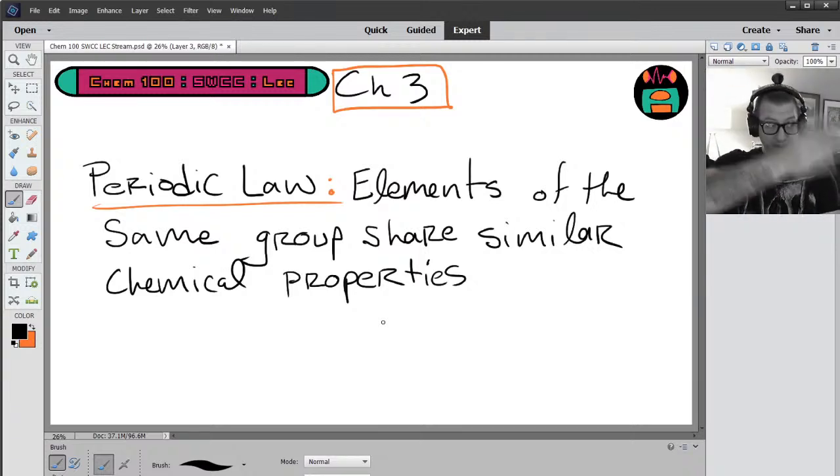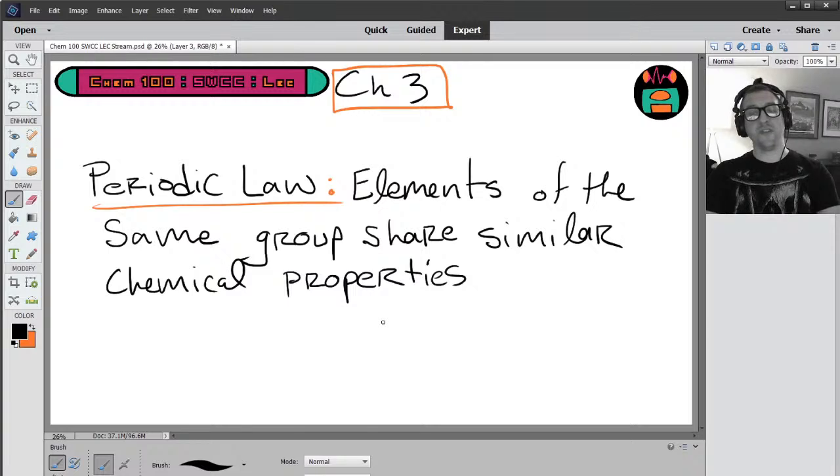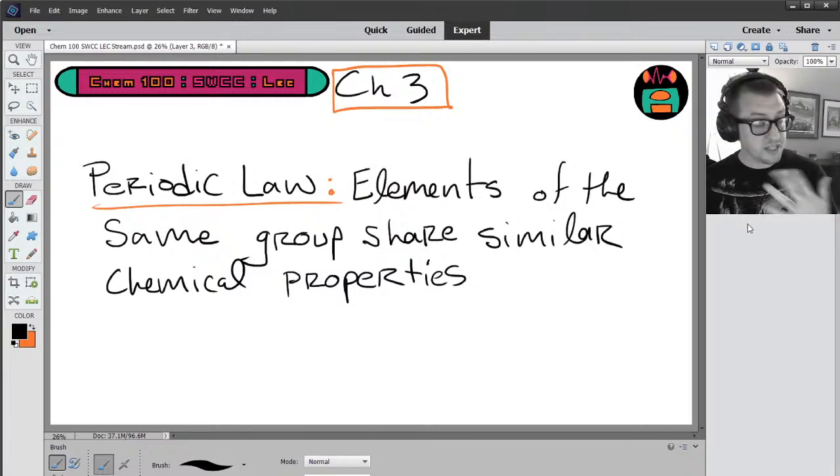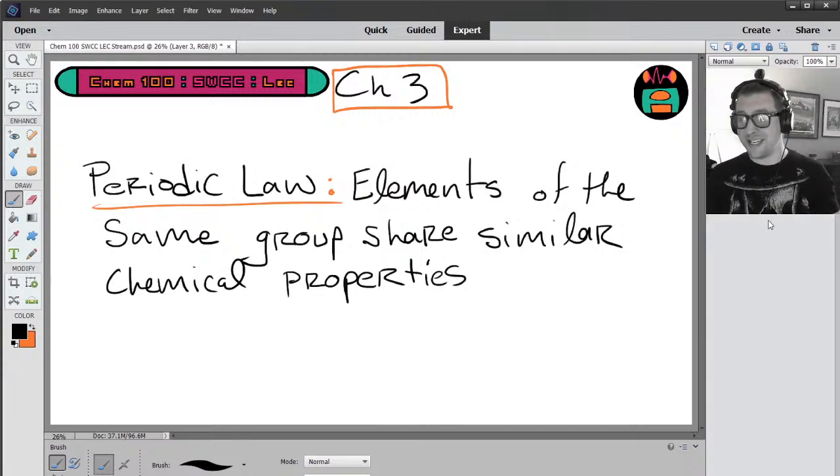So when you look at every column on the periodic table, the elements that you find in a column will have certain traits that they share in common with the other elements in the same group.